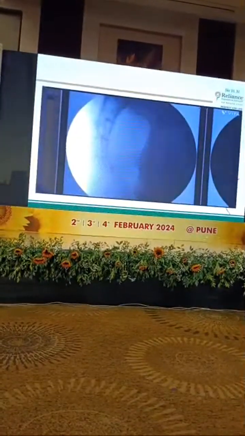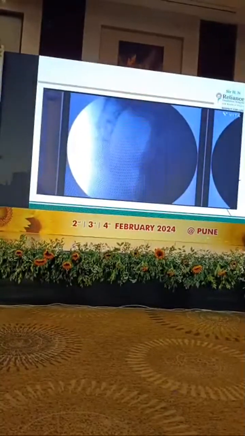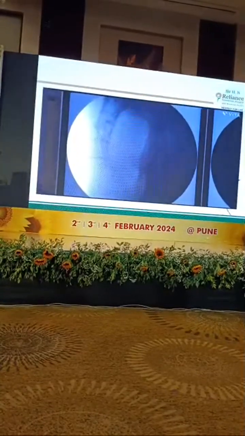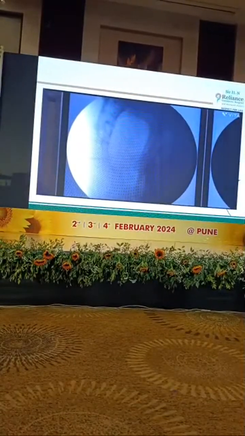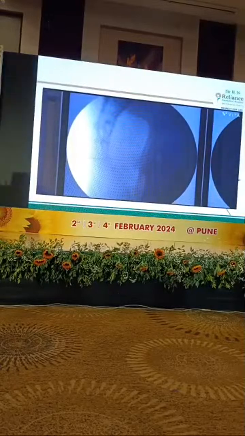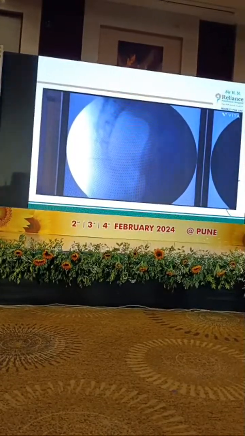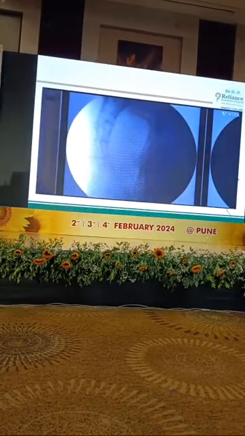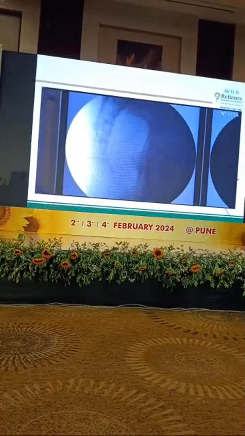As I said, by superimposing the greater sciatic notches, you can see the two greater sciatic notches superimposed on each other, and then you detect the sacrococcygeal junction, and my needle is going through the sacrococcygeal junction. Once my needle tip is in front of the anterior coccygeal border, I'll put in a radiopaque dye and see the spread of the dye.